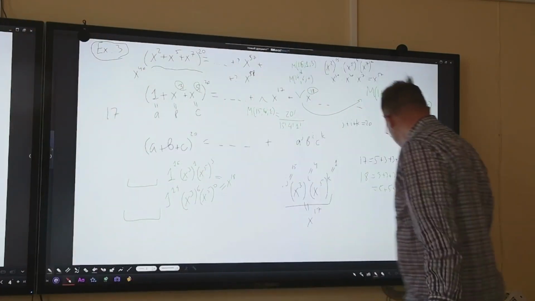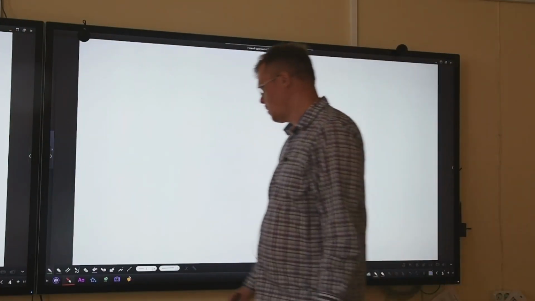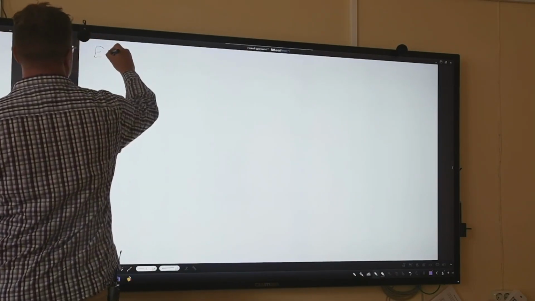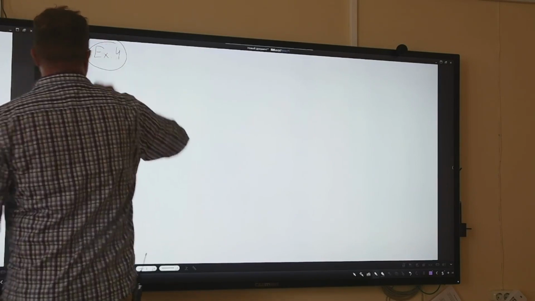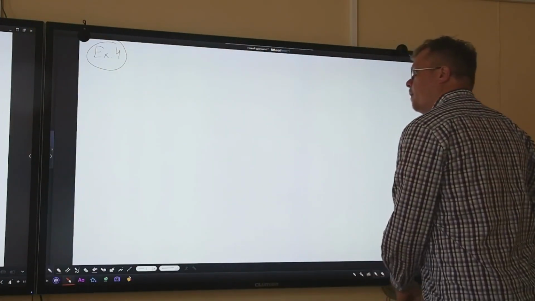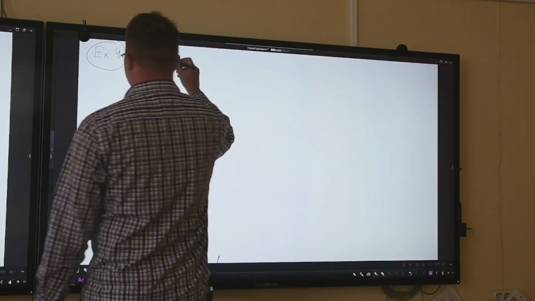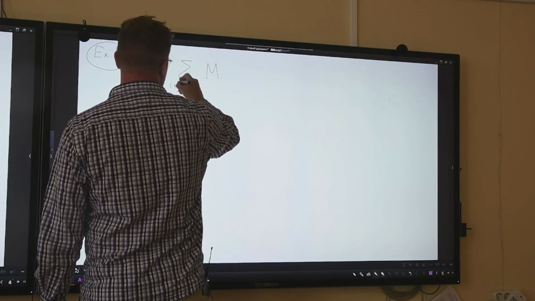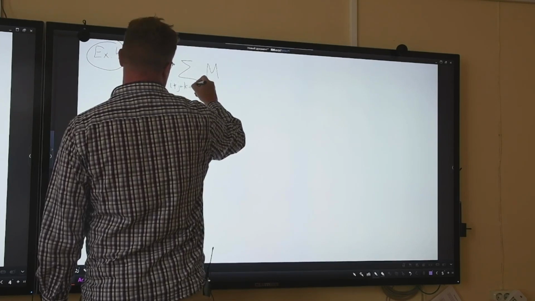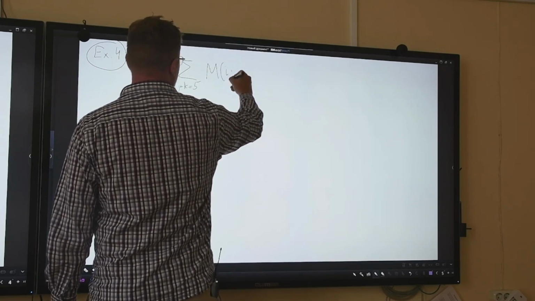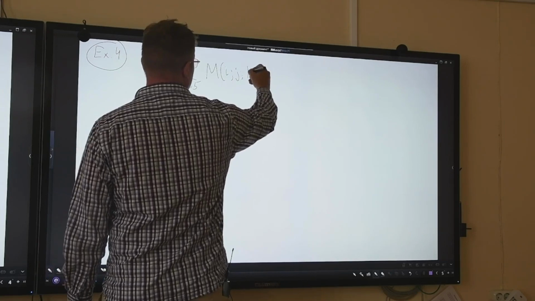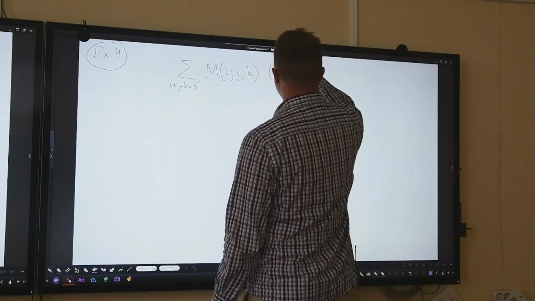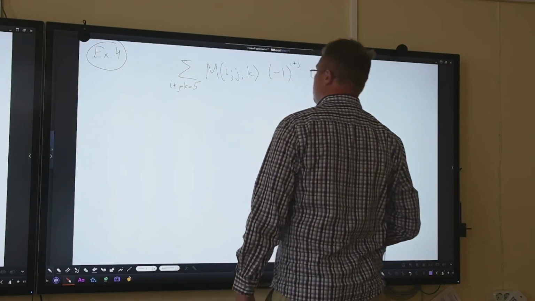And the last exercise. Find the following sum. I want to find the sum over i plus j plus k equal to 5 of m of i, j, k times minus 1 to the power i plus j.